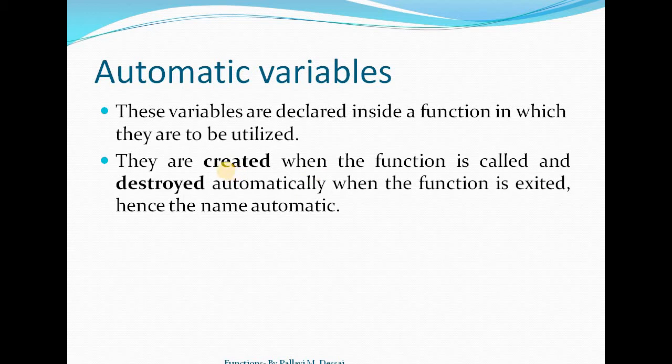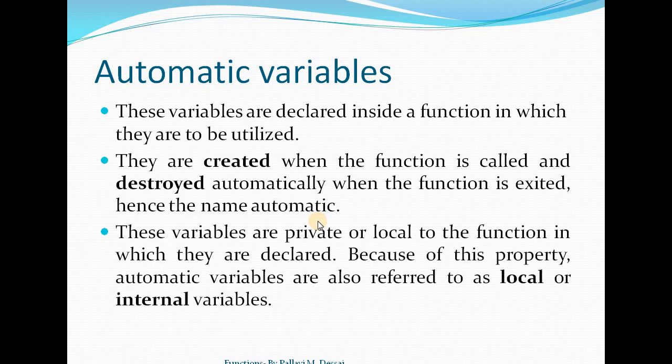So when we call a function, the variables which are passed in the function are created automatically, and when we end with the function, the compiler destroys the variables automatically, hence the name of such type of variables is automatic.